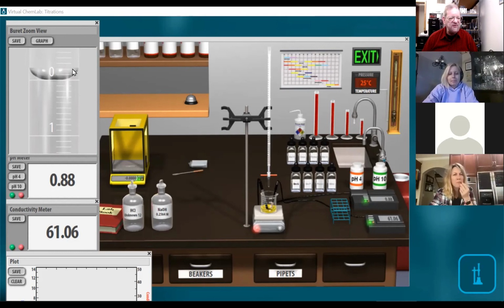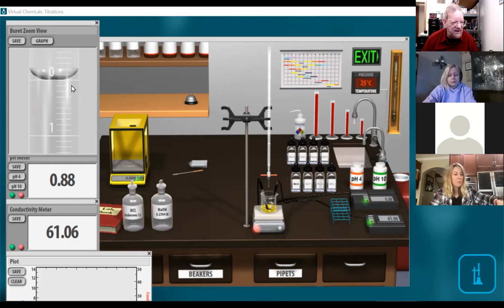And notice that it has a meniscus. Meniscus is when you put a liquid in a tube like water, it doesn't go straight across, it forms like a U. Everybody see that? You measure the volume at the bottom of the meniscus, and they were nice enough to put it at 0.00. Notice as you go down, the number increases from 0 to 1. That's telling you how many milliliters you've added.